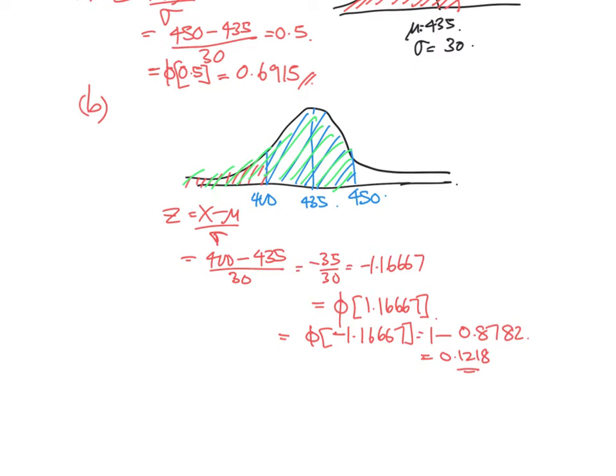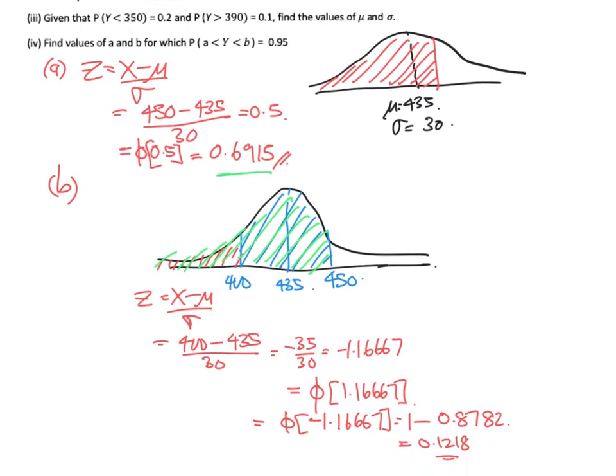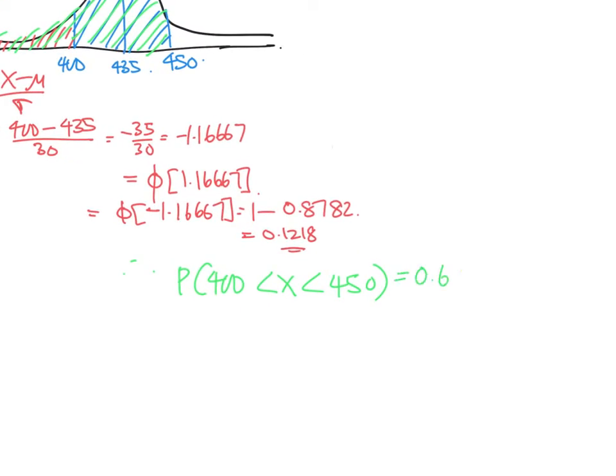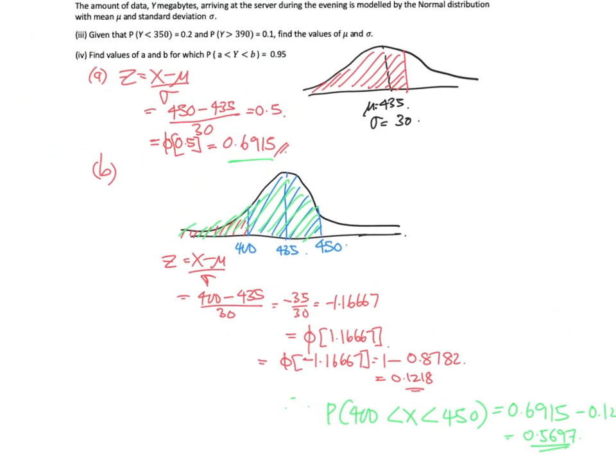The red region is 0.1218, and the green region is everything to the left of 450, which is 0.6915. Therefore the probability between 400 and 450 is 0.6915 minus 0.1218, and the answer is 0.5697, which is what the question requires.